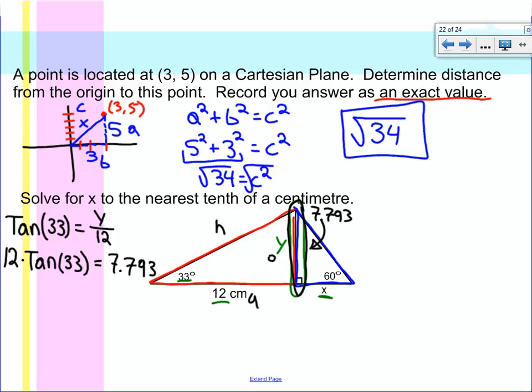So your first step now is to work with the blue triangle and label out Sohcahtoa. Again, this is the opposite, but now we're looking for the adjacent. There's your hypotenuse, just in case. You have to use the tangent ratio. So tan of 60 equals opposite, 7.793, divided by your adjacent, which is x. That means we need to switch spots.